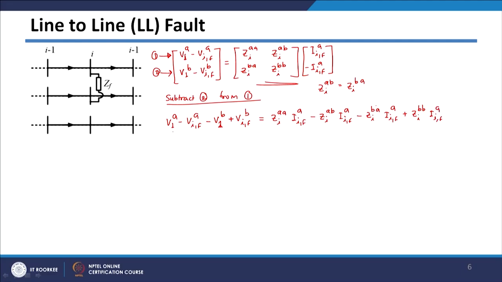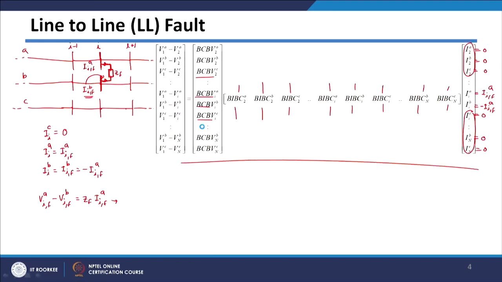And then we can write this equation. It will be V1A minus V1B, I am taking it together, and we have seen that this subtraction of the post-fault voltage of A phase and the post-fault voltage of B phase is nothing but impedance multiplied by the short circuit current.